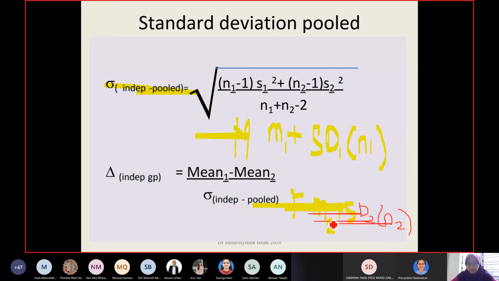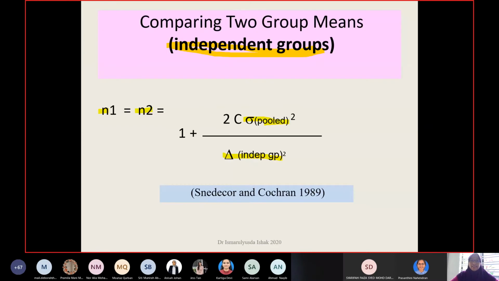If you have these six numbers, then you can calculate it correctly and precisely inside this formula, and you will get an accurate number.